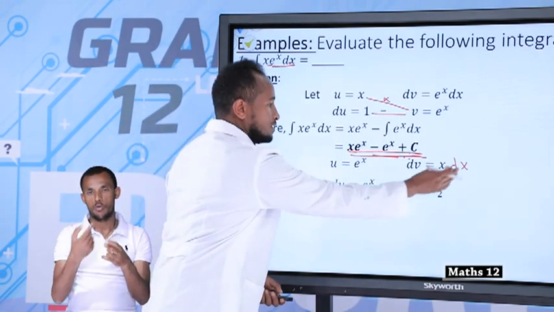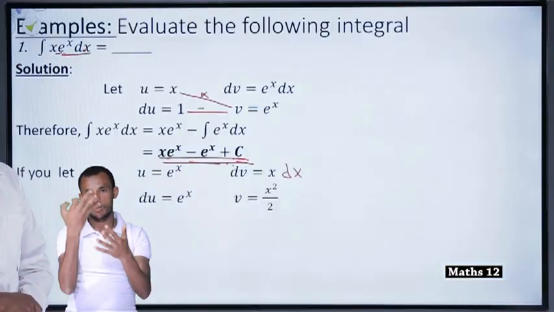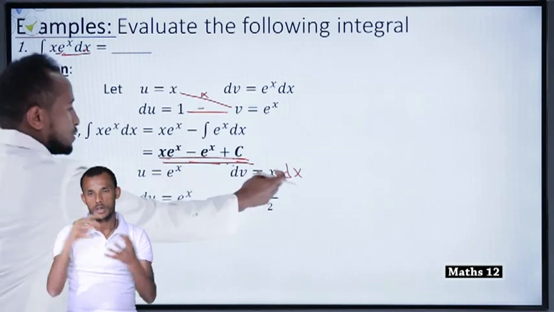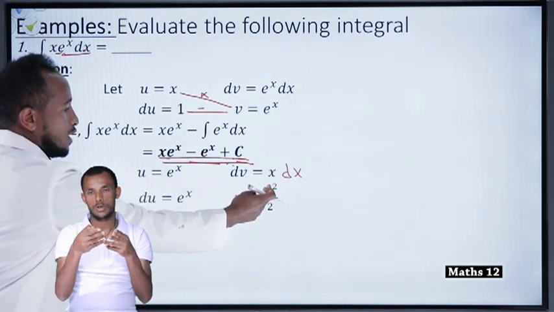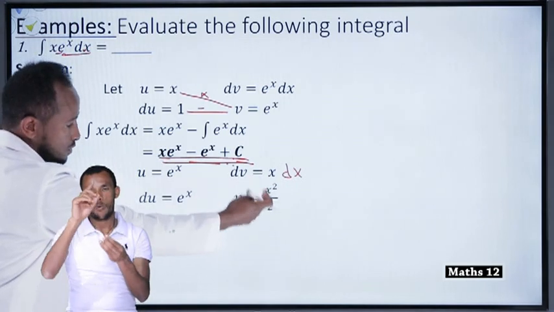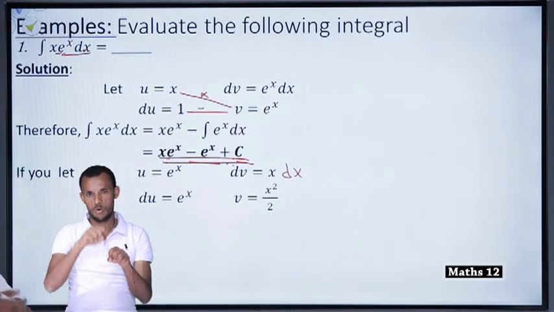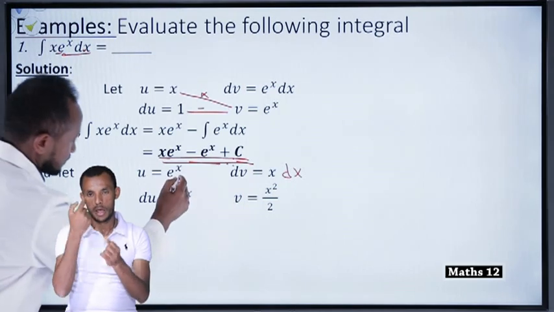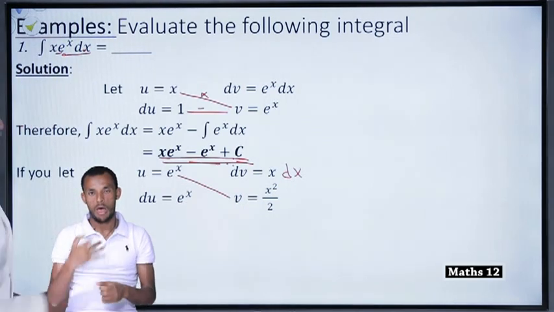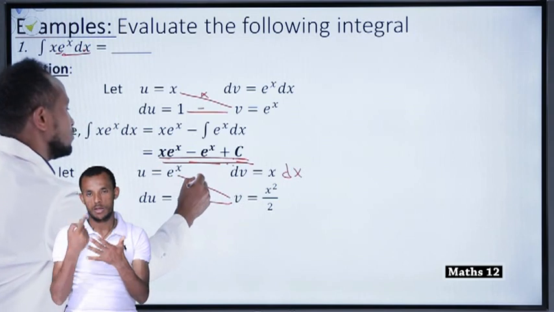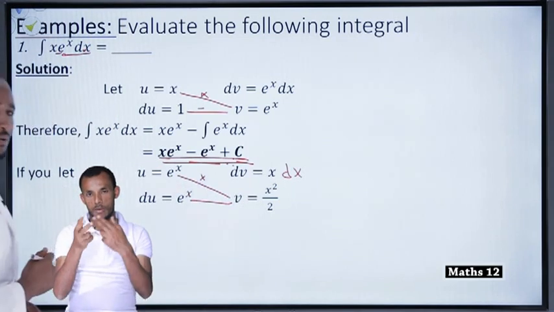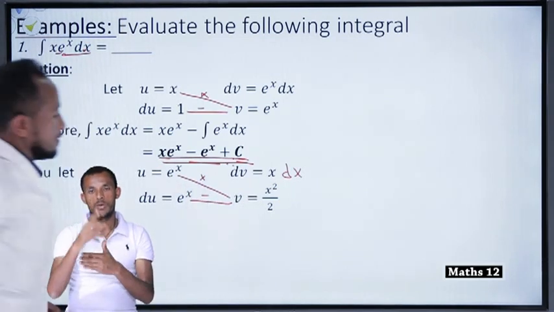So to find v, this is the integral of the expression. It's a power function. Simply you add 1 on its power, it's x squared over 2. That's it. So applying the formula, you multiply these two, and then you subtract this one.